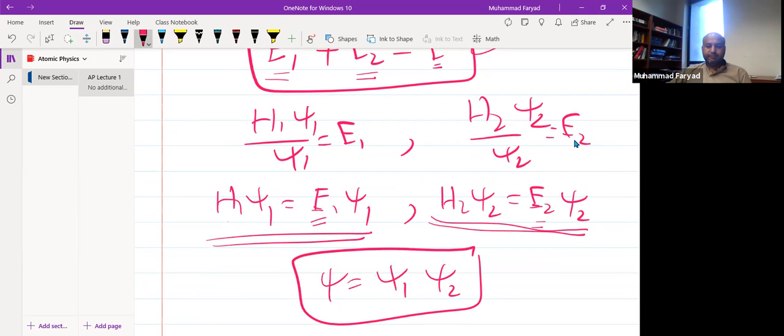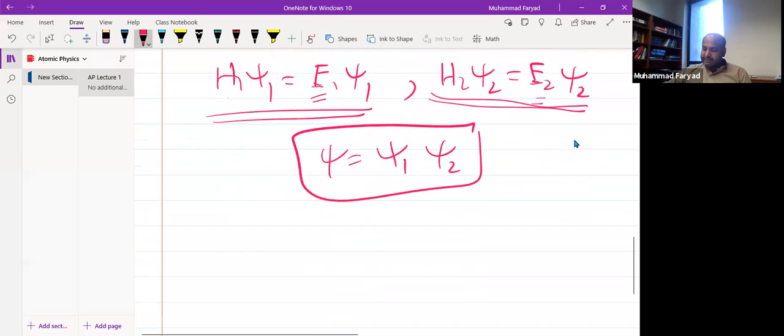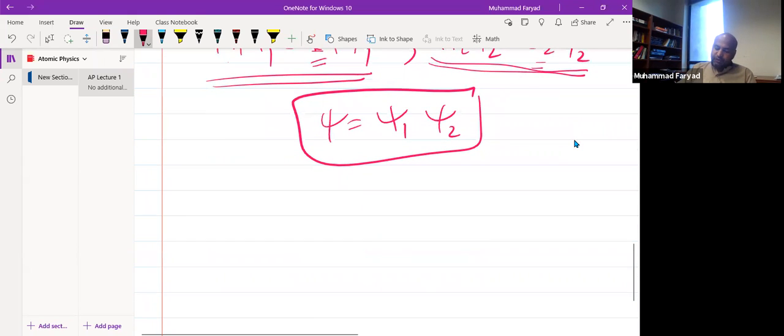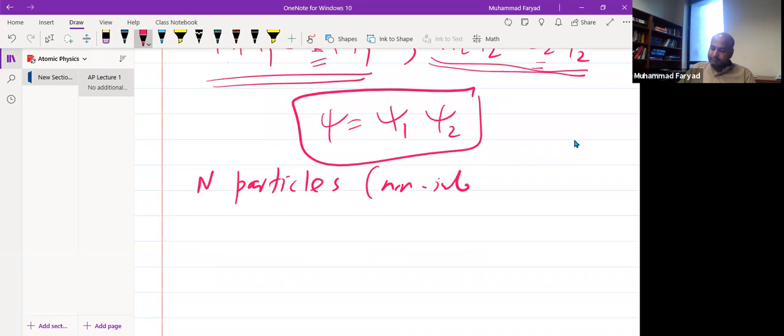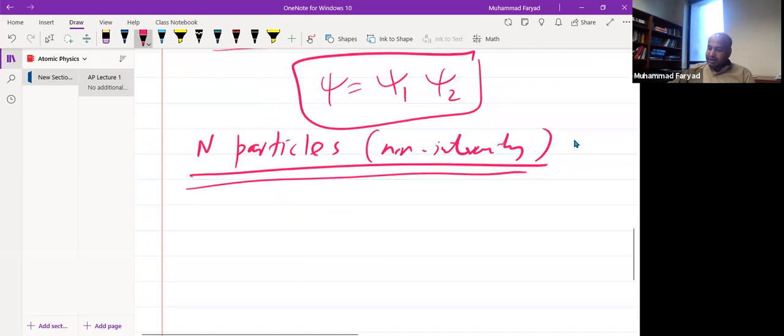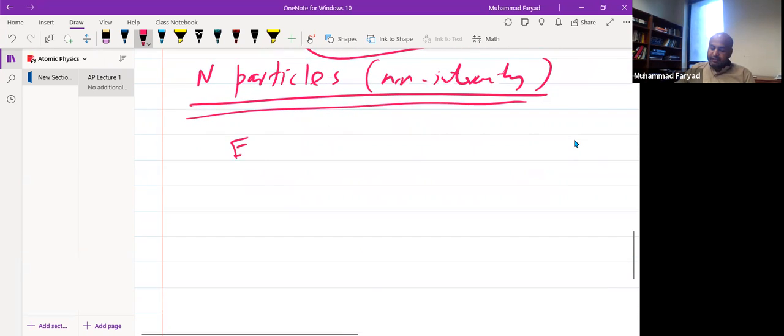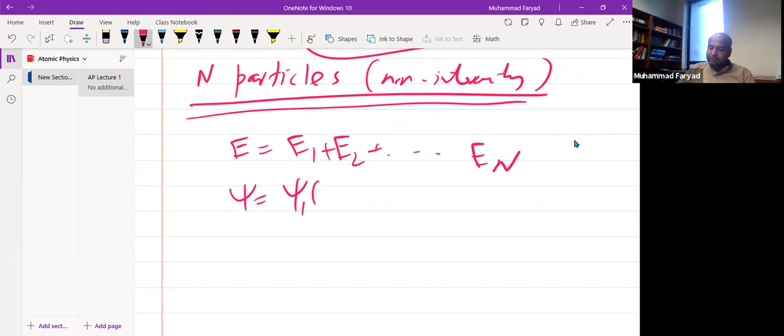So this actually gives us a nice way if we have, let's say, n non-interacting particles. We can easily find the total energy E as just the sum of individual energies, and the wave function is just the product of the individual wave functions.